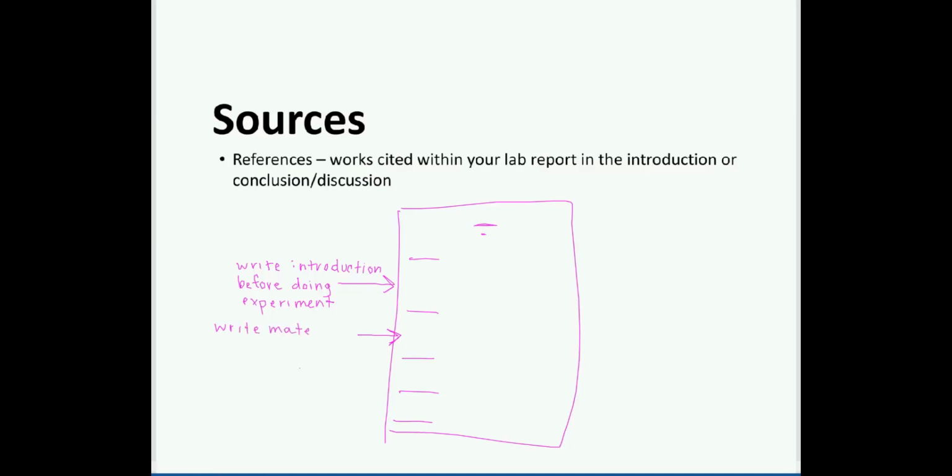And then again, you're not sitting down to write this huge whole paper when you finish your experiment. You're doing a little bit at a time, so it doesn't seem so daunting. You can do the same thing with your procedure.